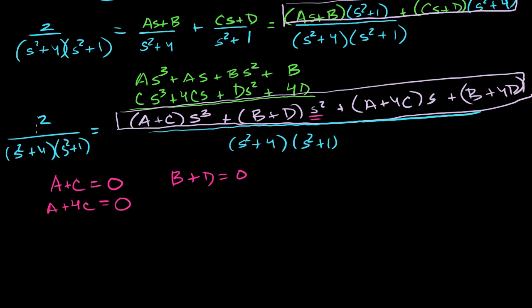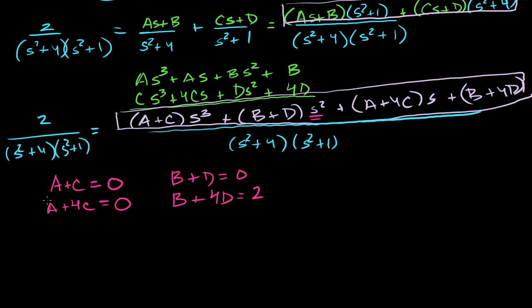And we do have a constant term on the left-hand side of this equation. We have 2. So b plus 4d must be equal to 2. So let's see if we can do any. This seems like these linear equations are pretty easy to solve for.